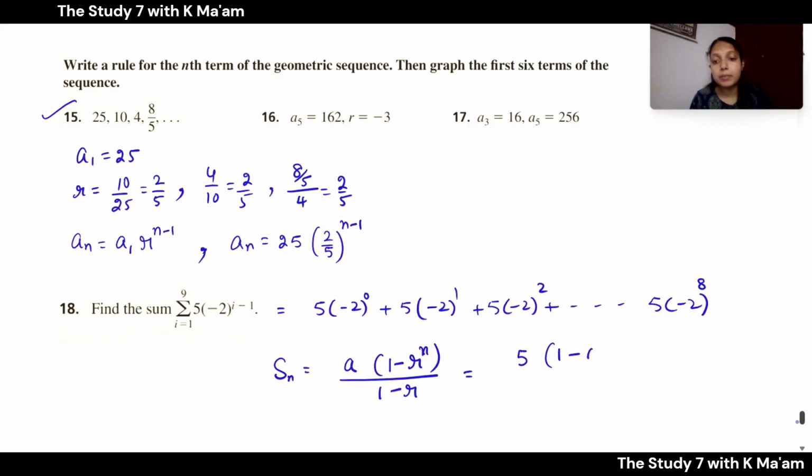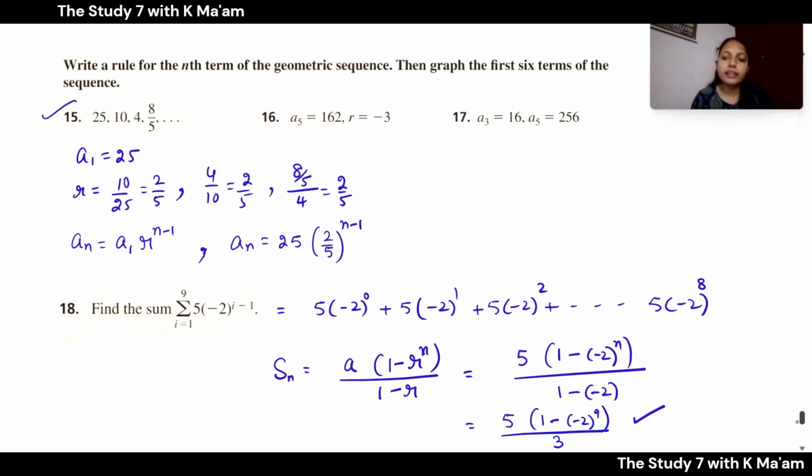The common ratio is minus 2 to the power n. 1 minus common ratio is 3. We have to calculate for 1 to 9, so we need the first 9 terms. Substitute n as 9: 1 minus 2 to the power 9 over 1 minus... it's 3. So you can calculate. This will be the answer here.